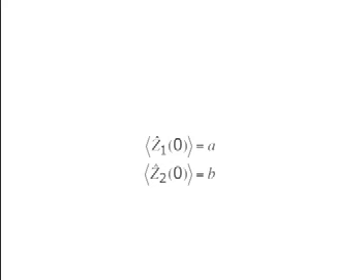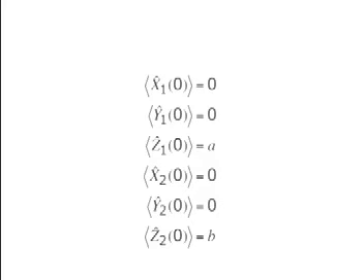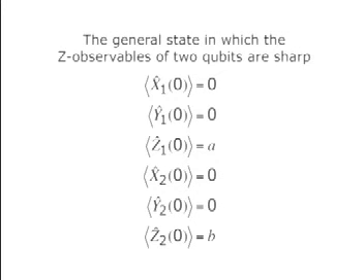As I mentioned in the last lecture, and you will have proved in the worked examples, z being maximally sharp implies that x and y are both minimally sharp. In other words, that their expectation values are both 0. This in turn tells us how to find expectation values of Pauli matrices in this state, in the representation we've chosen for the observables.